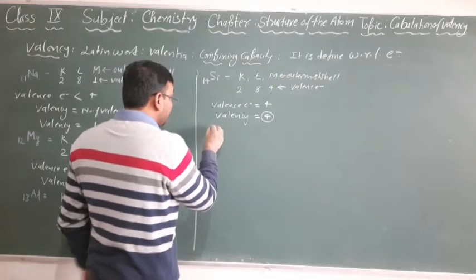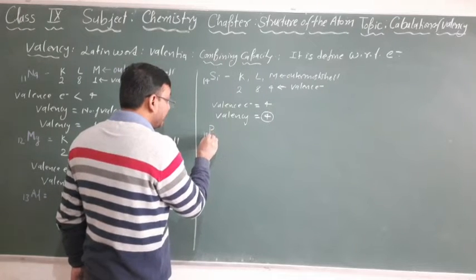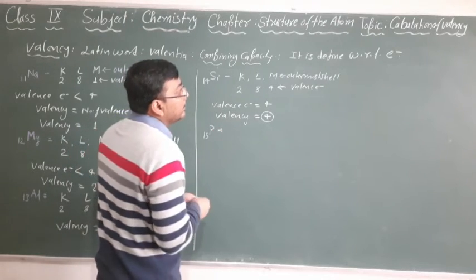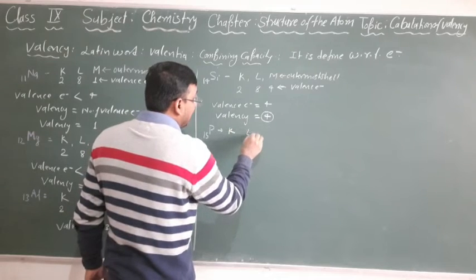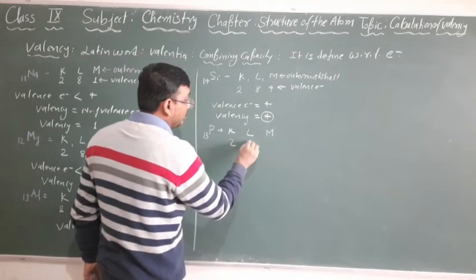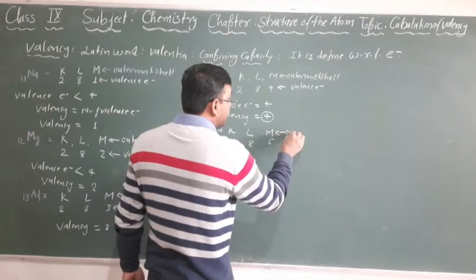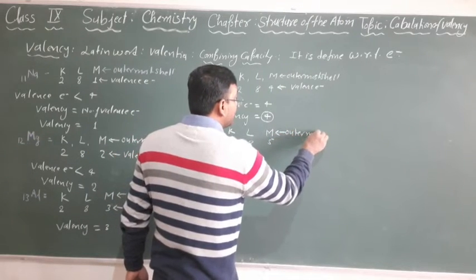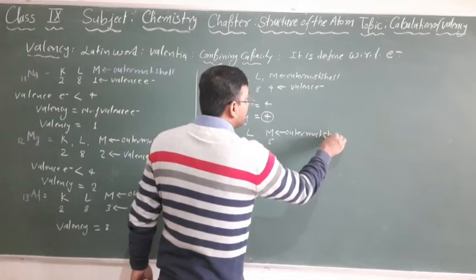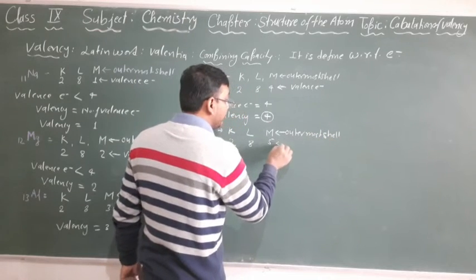After silicon, phosphorus 15, K L M 2 8 5. This is the outermost shell, which is known as the valence shell.